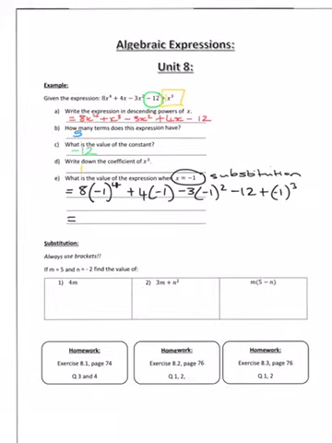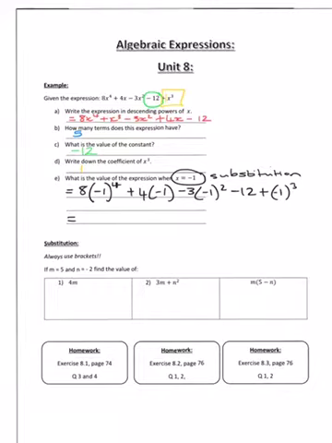Now please be careful when you are raising any negative number to an even exponent, you must get a positive answer. And when you are raising it to an odd number, you must be getting a negative answer.